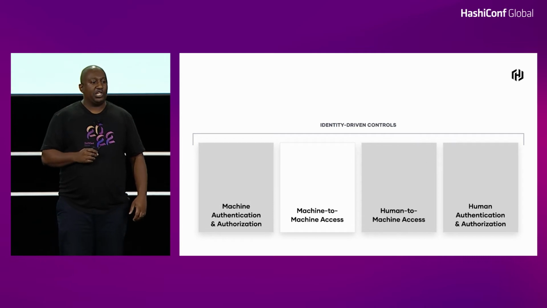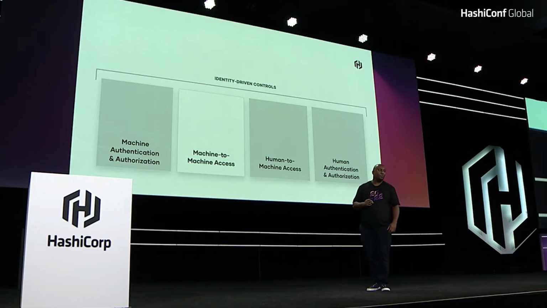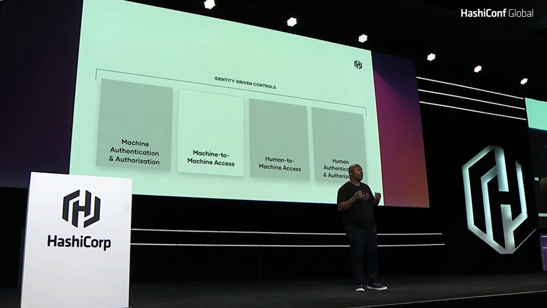Next, we have machine-to-machine communication. So this is more at the network layer, but this is concerned with which machines or which services or applications are allowed to communicate with one another, right? So if we think about the difference between this and machine authentication, machine authentication was about proving identity, well, this is about communication.